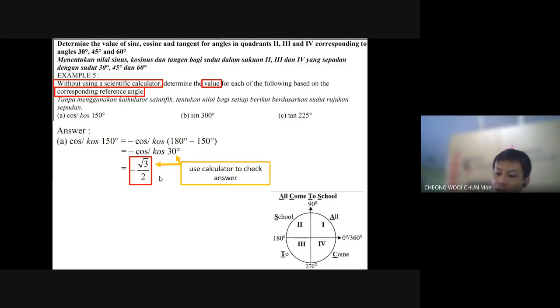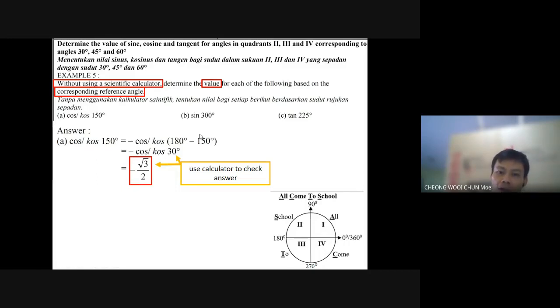Just now we learned that square root of 3, I can't get 0.866. 1 divided by square root of 3, no. Square root of 2 divided by 2, no. Square root of 3 divided by 2, I get 0.866. So it becomes negative square root of 3 over 2.